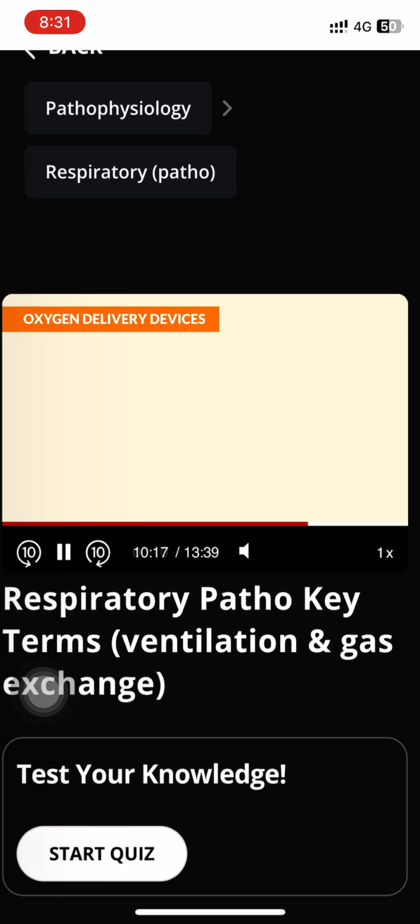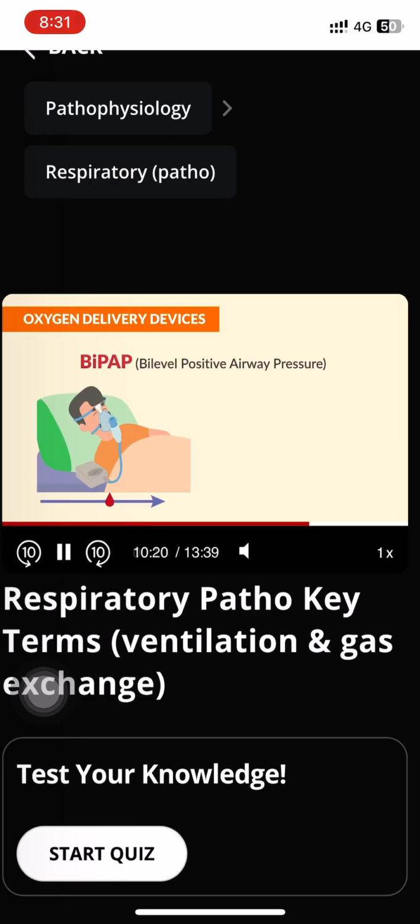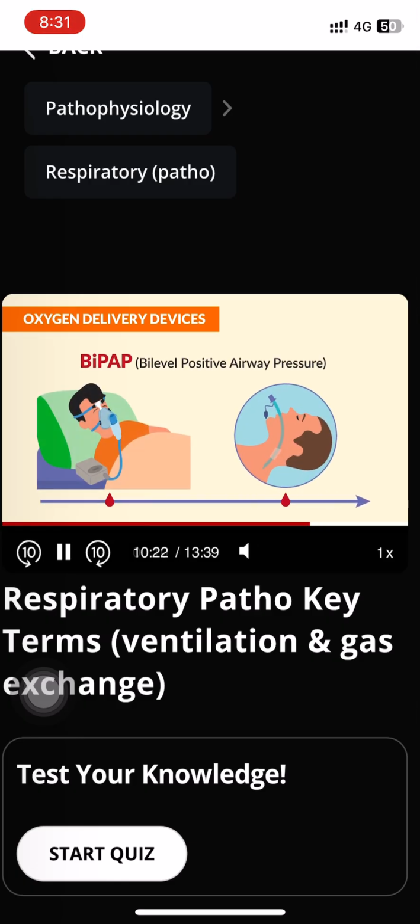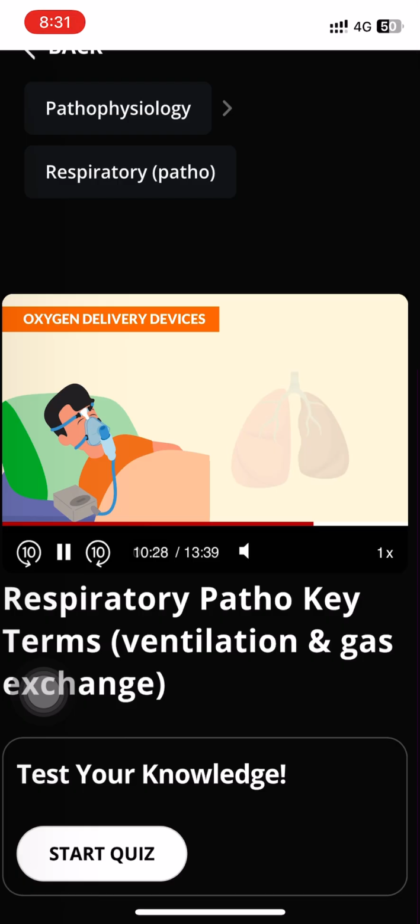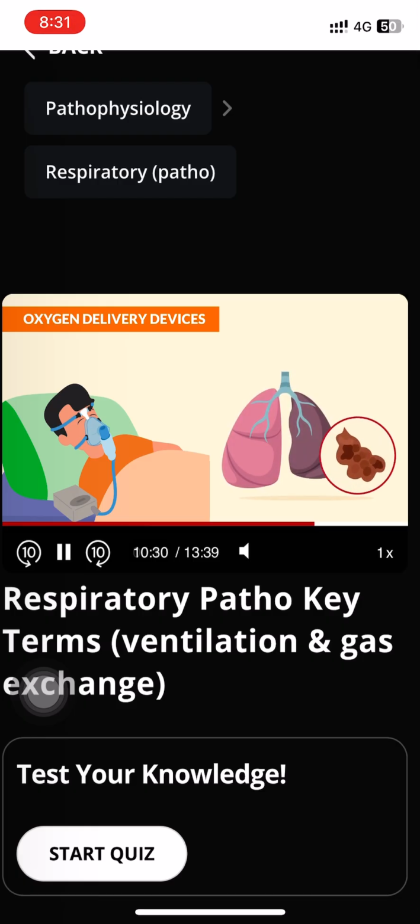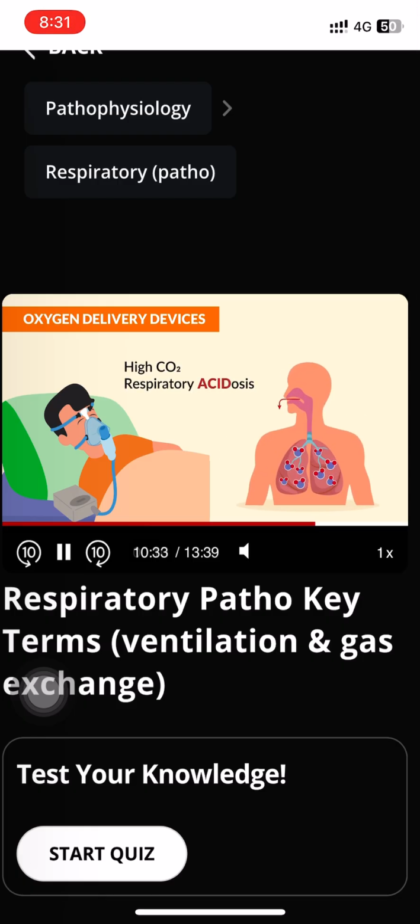Now switching gears to BiPAP. Typically this is the last line oxygen device before ET tube or endotracheal intubation. Most commonly used for clients with worsening COPD who have high levels of CO2 retention, leading to that respiratory acidosis due to that decreased gas exchange.